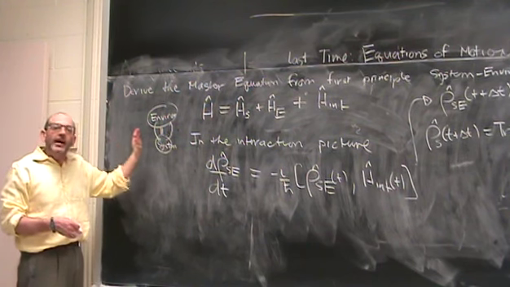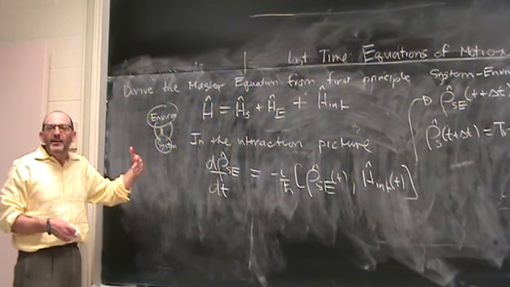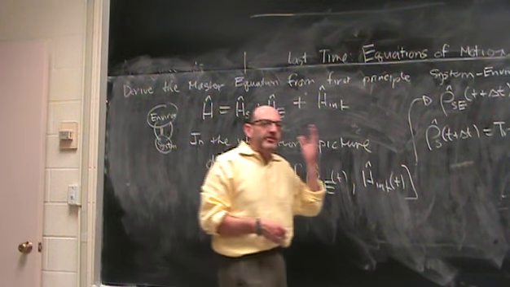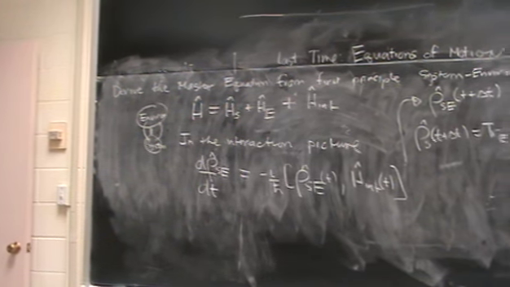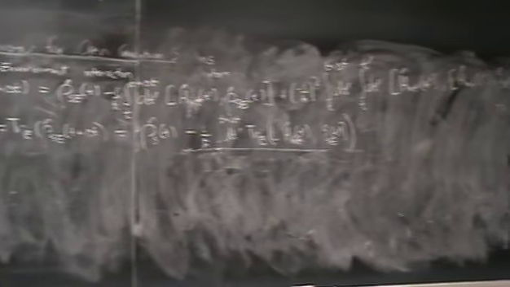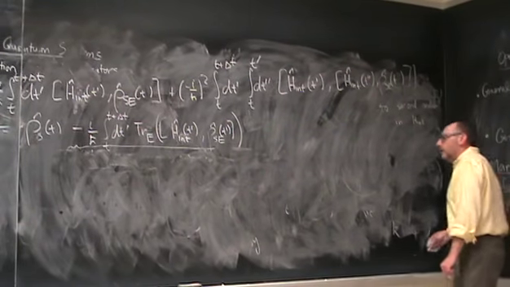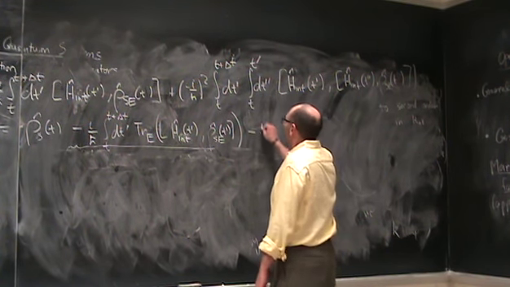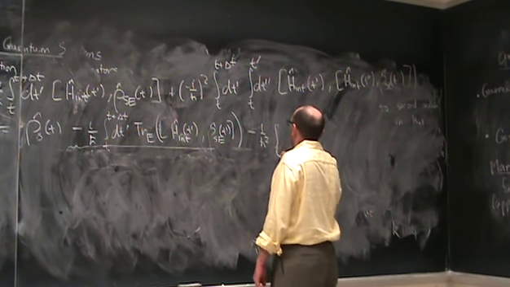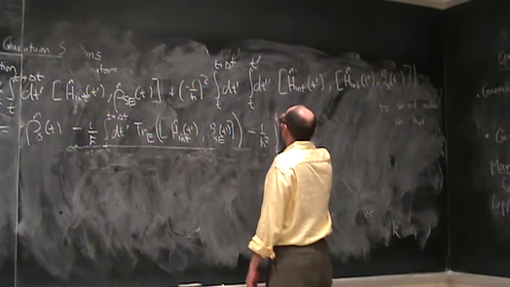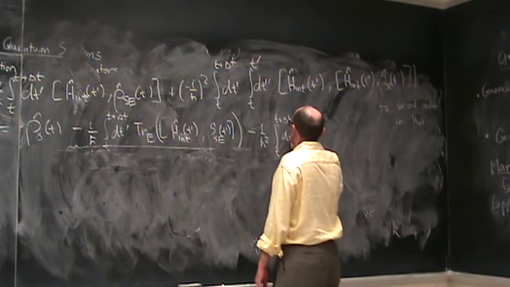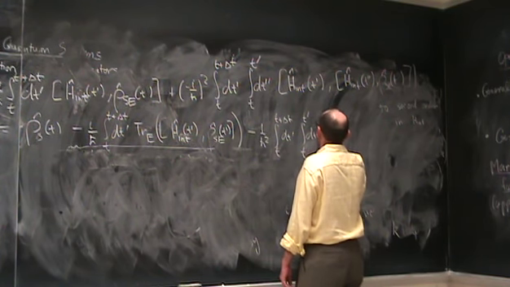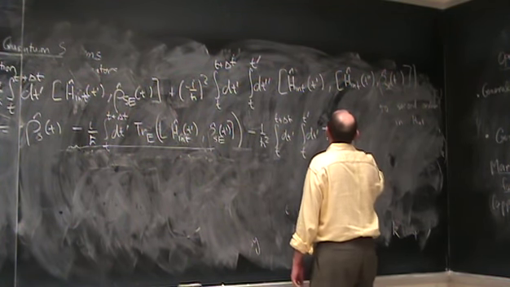The reason I have to go to second order is that, as we'll see, the first order contribution is 0. So the second order is the first non-vanishing term in the interaction. Okay? So this then is equal to minus 1 over h bar squared, integral from t to t plus delta t dt prime, t prime t, traced over the environment.